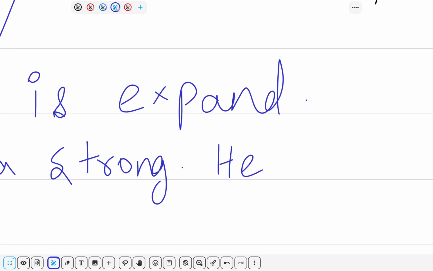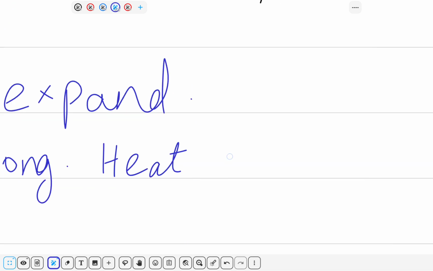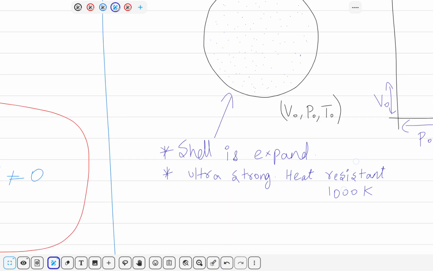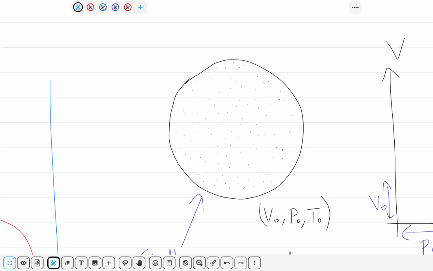Imagine it can take even thousands of kelvins, and still nothing would happen to it. This is a very nice, very strong material. This is made of some very strong material.